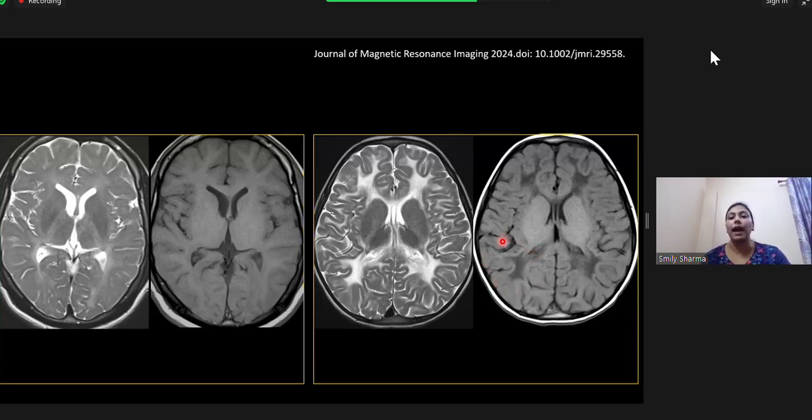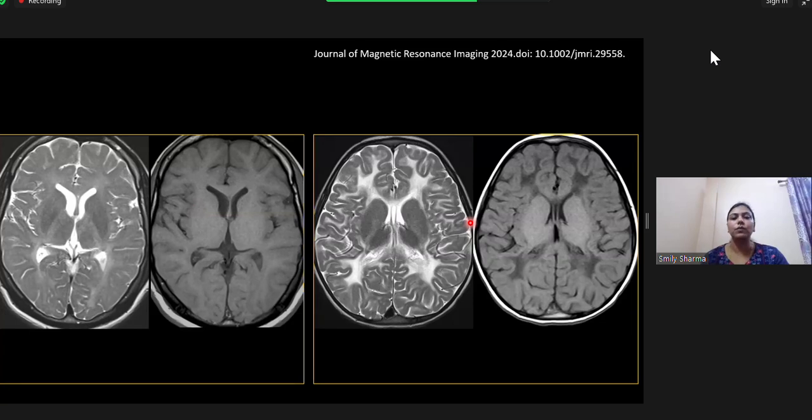In hypomyelination the white matter is only mildly T2 hyperintense, and the T1 signal can be hypo, hyper, or iso, depending upon the amount of myelin deposited.